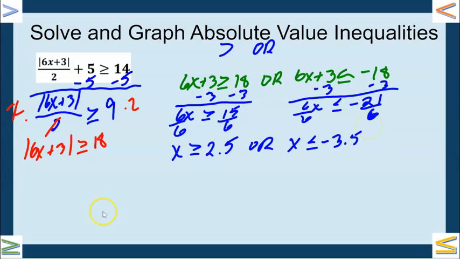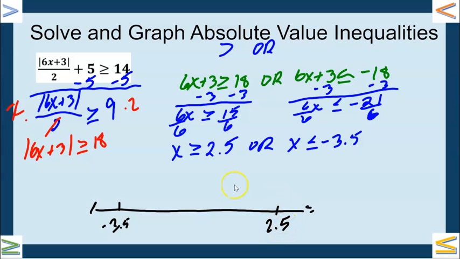So now we can graph our solutions. So I'm going to have a negative 3.5 here. I'm going to have 2.5 here. I could go 1.5, negative 1.5, negative 2.5. And since I have the equal to parts, they're going to be filled in circles.